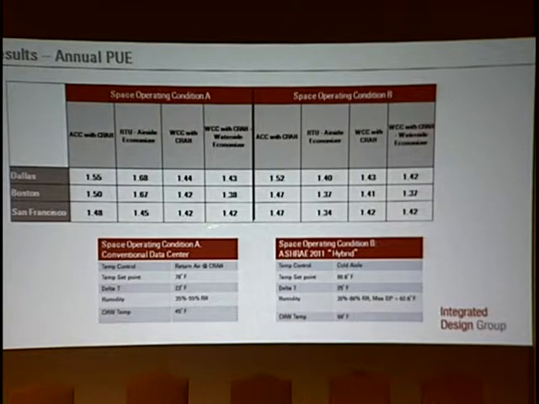And their RTU airside economizer for condition A was 1.45. So it made a significant difference, as you could see graphically on the psych chart. But like I said before, the best under condition A for San Francisco was using water-cooled chiller.